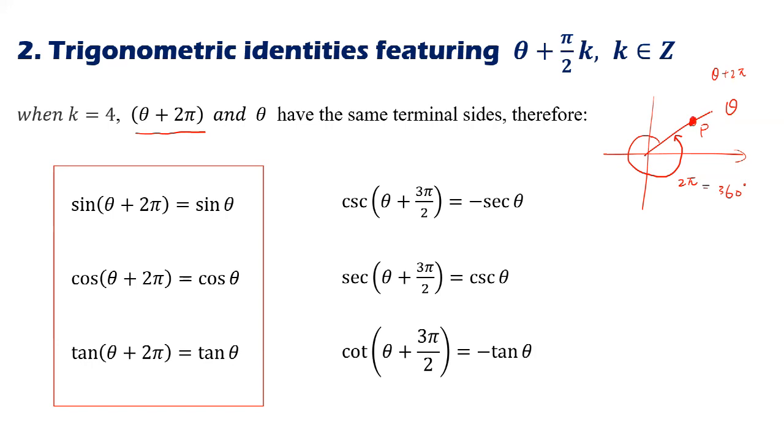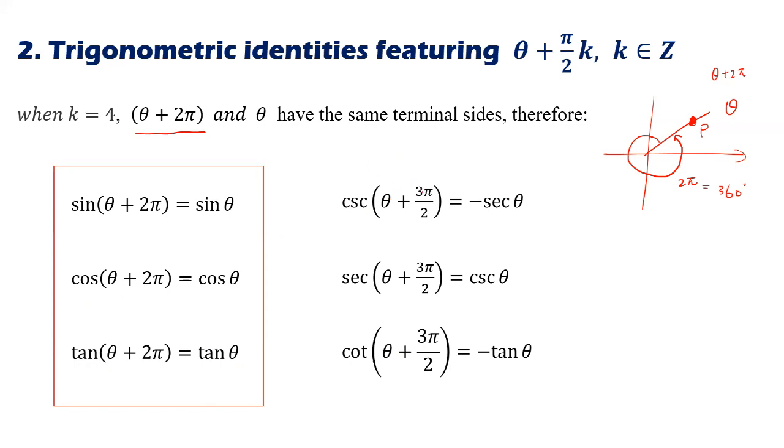If two angles have the same terminal side, they have the same trigonometric ratios, right? So we can simply see that sine of theta plus 2 pi is actually sine theta. Cosine of theta plus 2 pi is actually cosine theta. And tangent of theta plus 2 pi is tangent theta. The same property applies to the secondary trigonometric ratios as well.